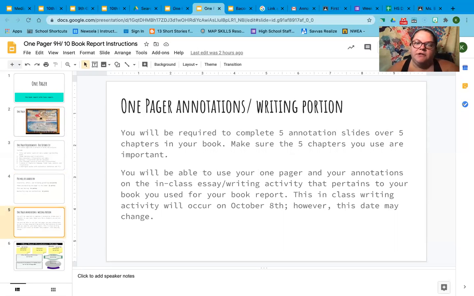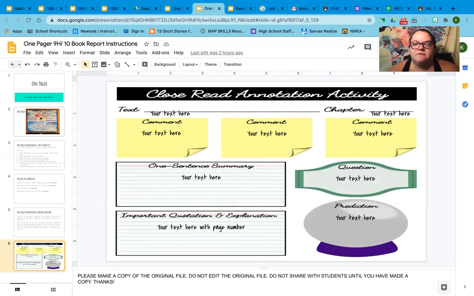Okay. You will also be required to complete 5 annotation slides. Those annotation slides are going to look like this. They are over the chapters. So if you see here, you're going to put the title of your book here. You're going to put your chapter here. Any comments that you have over the chapter.